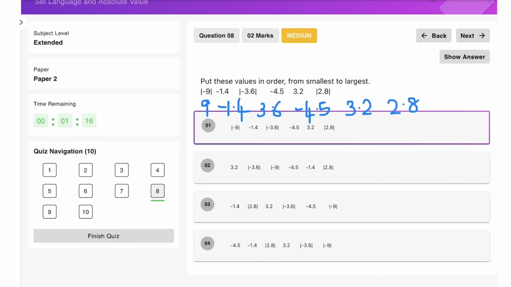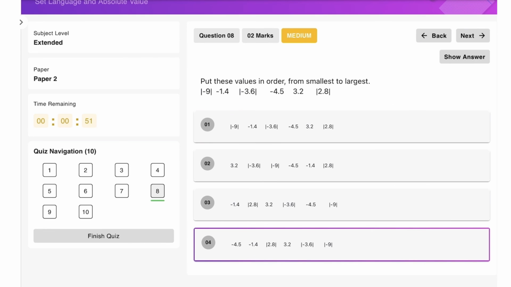So looking at it, if we have to put the order of position, negative 4.5 is the lowest, and we can see there's only one option which goes there, but you can always double check. The next thing should be negative 1.4. Yep, that seems correct. And then 2.8, 3.2, 3.6, and finally 9 being the biggest. So that's right. So we're going to go with option 4 for this one.